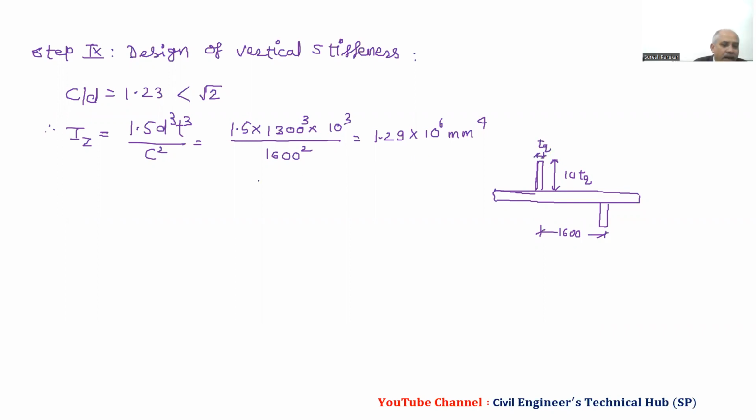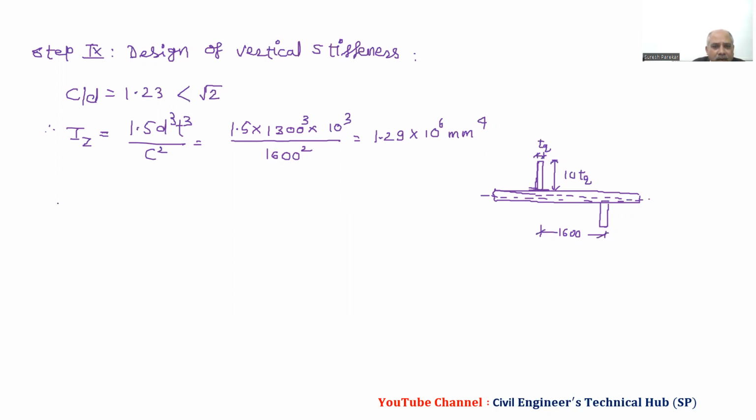Now we have the moment of inertia of this stiffener, and that moment of inertia we have to take about the face, because we have alternate. If we have symmetrical, then we have to take it at the center. Now as it is alternate, we have to take it at the face of this web.